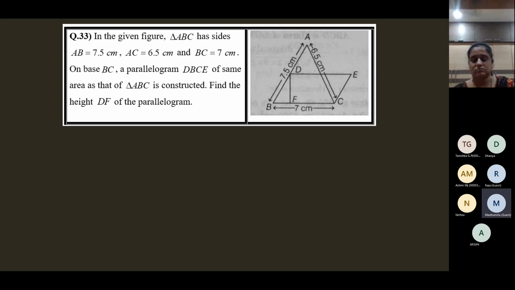Ma'am, I found the answer. Yeah, got the area of the triangle? Ma'am, it's 21 centimeters square. 21 centimeters squared. All right, proceed.